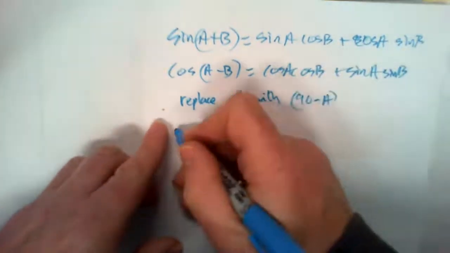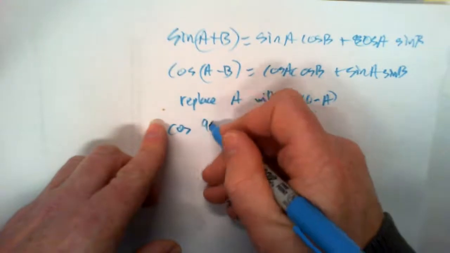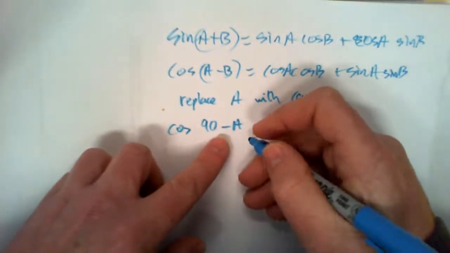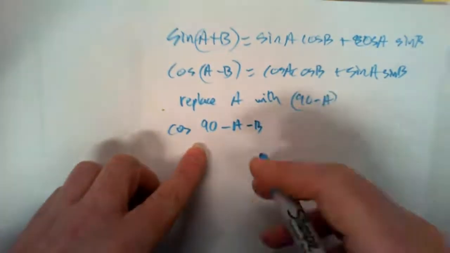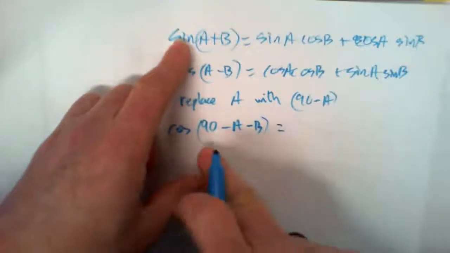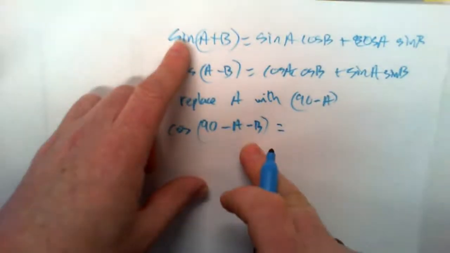So what will that become? That'll be the cos of 90 minus A minus B is equal to, let's see what that is.